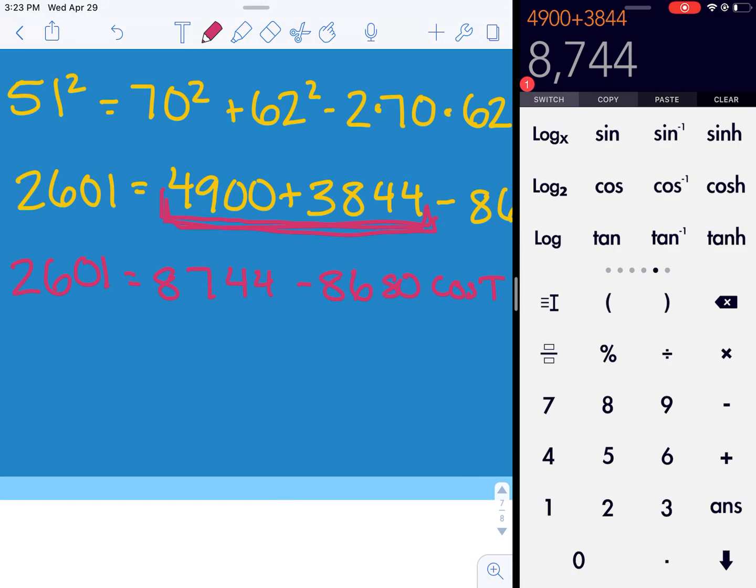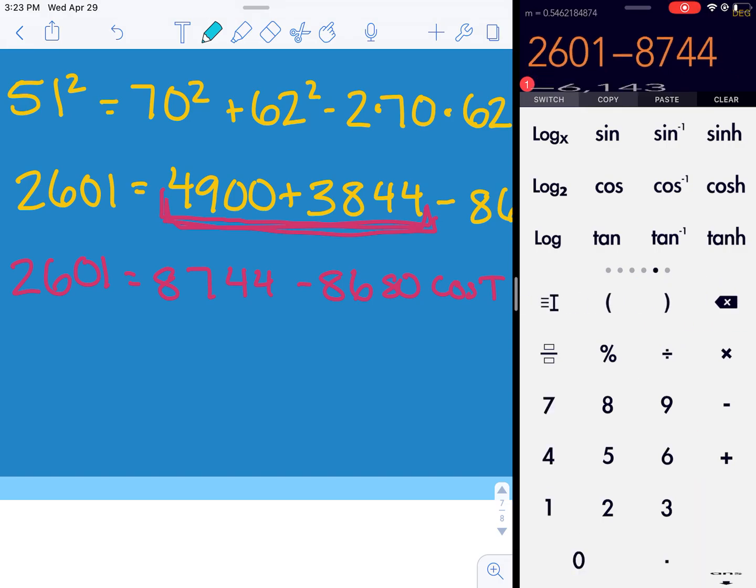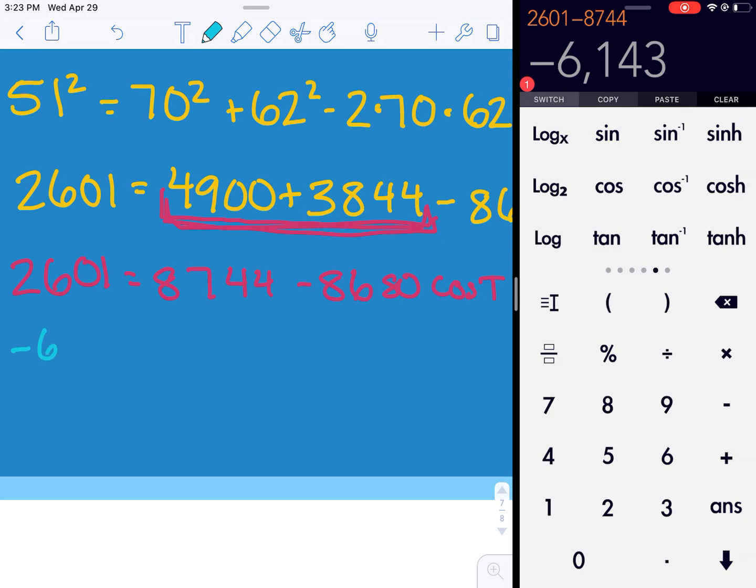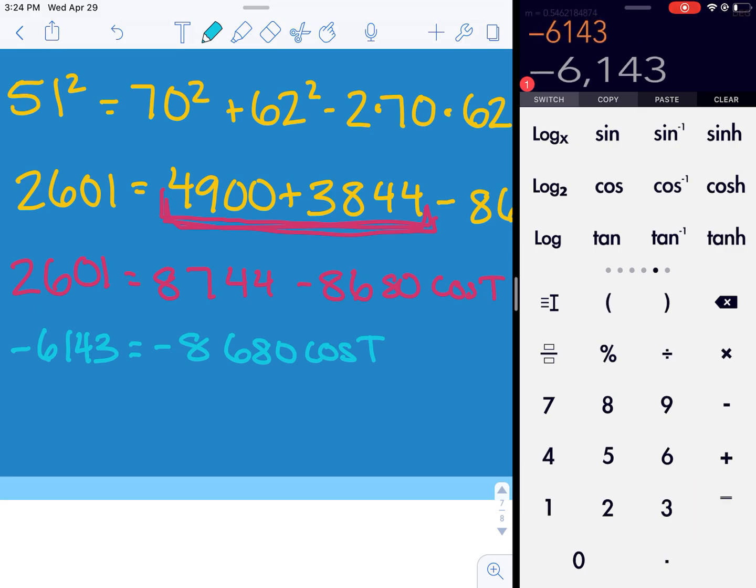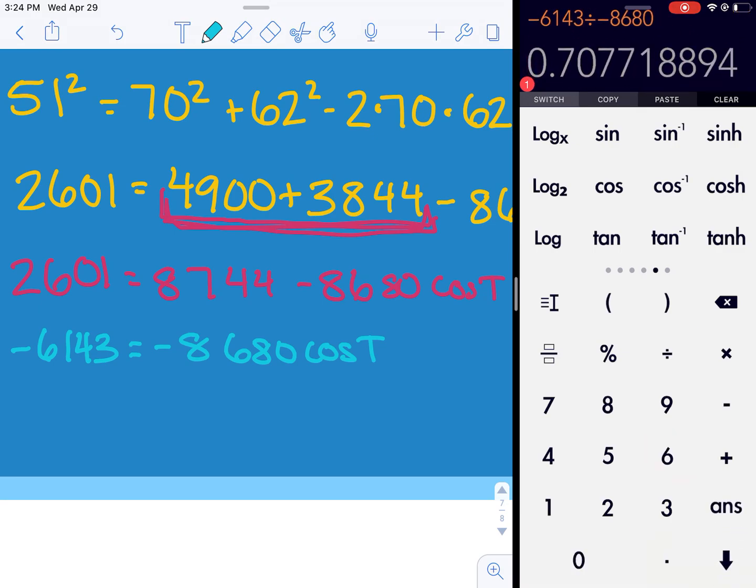I'm going to subtract 8,744 from both sides and get negative 6,143 equals negative 8,680 cosine of T. When I divide by negative 8,680, I get this big scary looking decimal.